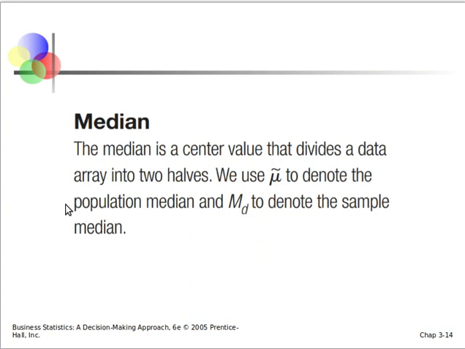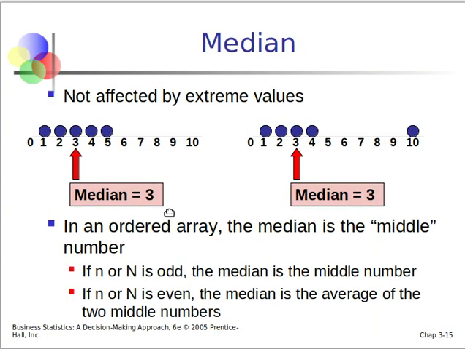Okay, a median. This is how a median looks like. This was shown earlier, but this time it has more explanation. And this is not affected by extreme values. Say, katong kaganiha, we have a sample of 5, a data set of 5 sample elements.